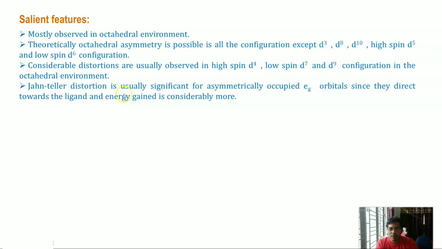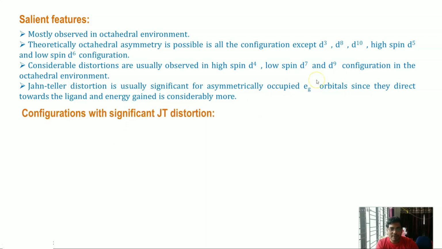So Jahn distortion is usually significant when the eg orbitals are asymmetrically occupied. This point is very important, because both t2g and eg orbitals may have asymmetrically occupied electrons, but Jahn distortion will be affected more significantly when eg orbitals are occupied unsymmetrically, because eg orbitals are directed towards the ligands directly, and they gain more energy compared with the t2g orbitals.